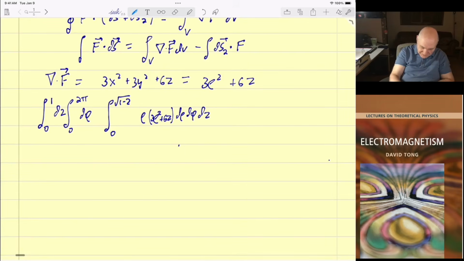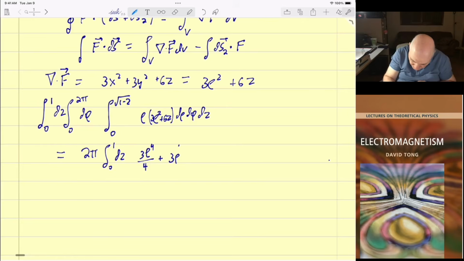Okay, so let's evaluate this integral. It's not too hard. Phi isn't involved, so that just gives us a 2 pi. The integral from 0 to 1 dz. Now we get 3 rho to the 4th over 4, plus, hold on a second.